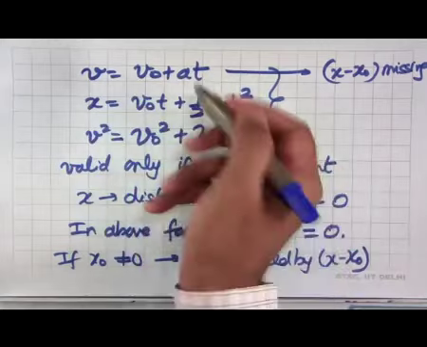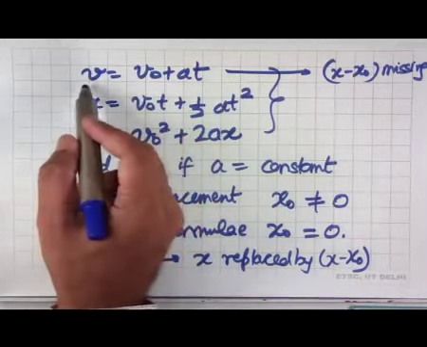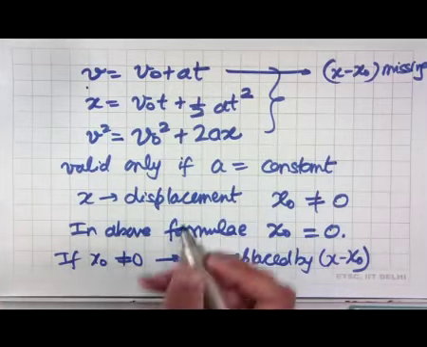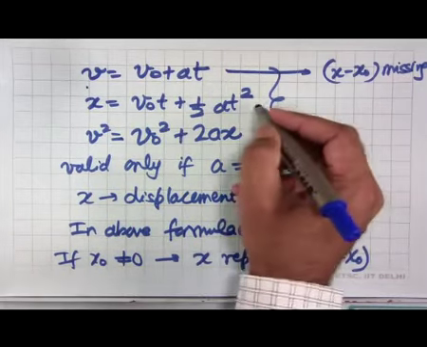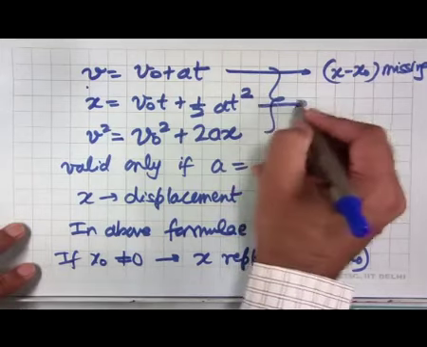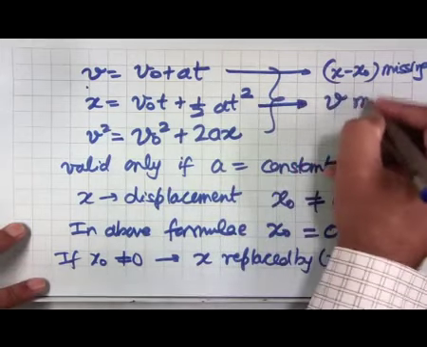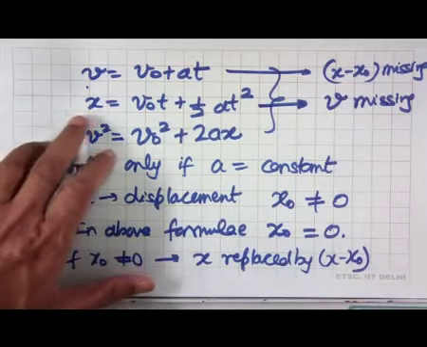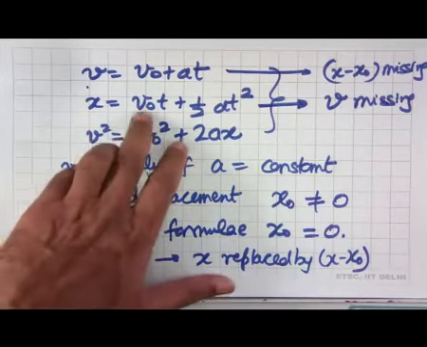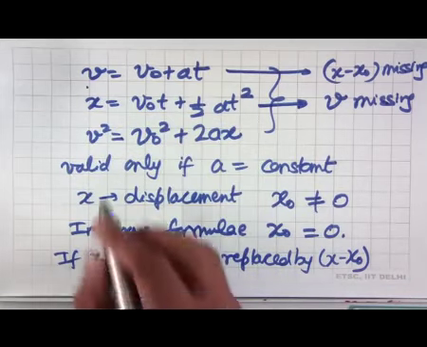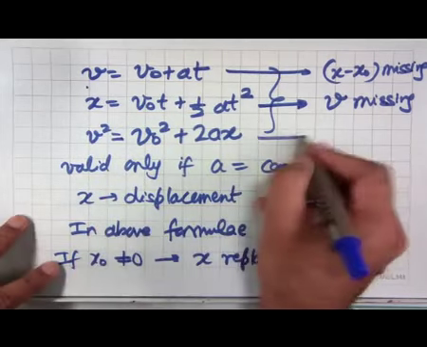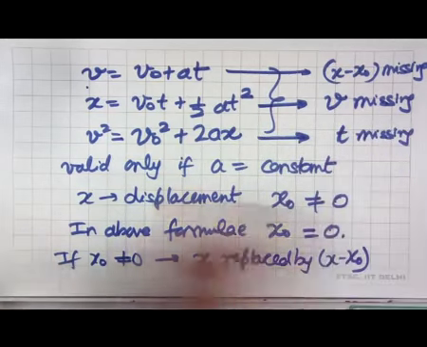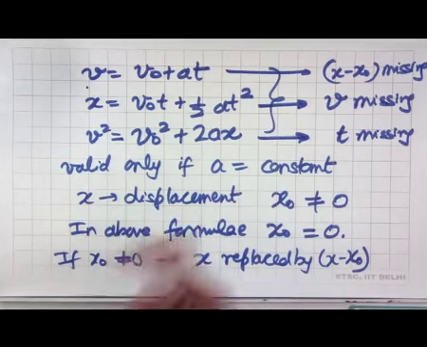You use this formula directly to get a relation between v, v0, a and t. Similarly, when we look at this formula, the final velocity v is not there. It tells you a relation between the displacement, v0, a and t. In this formula, t is missing. So, if t is not there, then we use this formula.